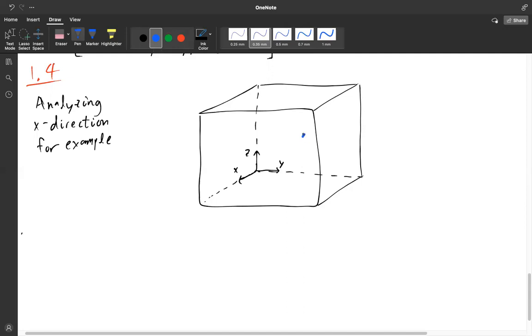So here, we'll start off with our pressure P evaluated at x. We have the shear stress on the x plane, but going in the z direction. So this will be called tau xz, and we'll evaluate this at x.